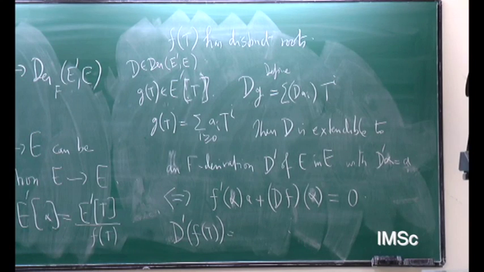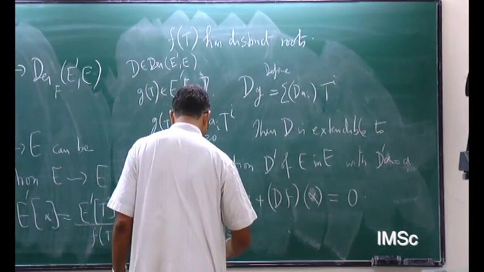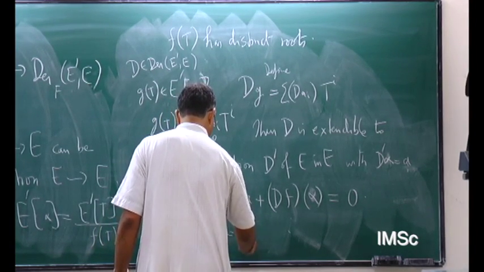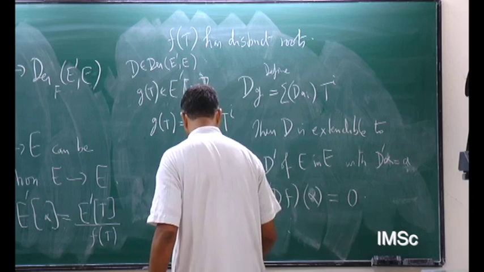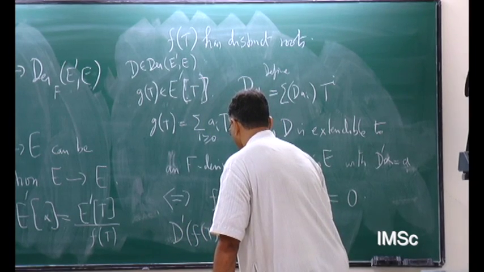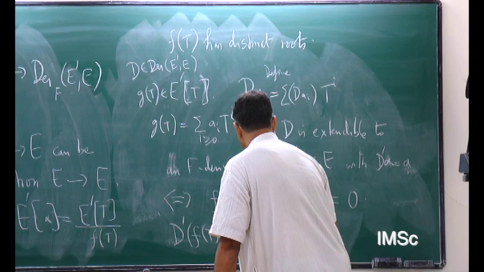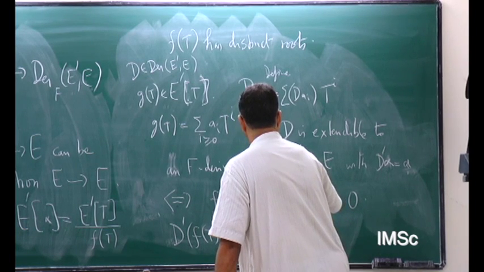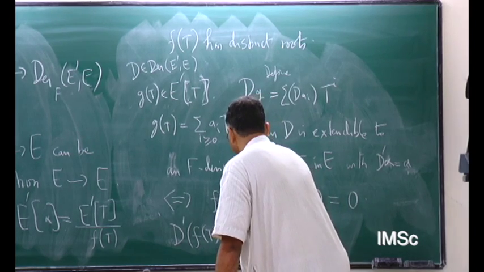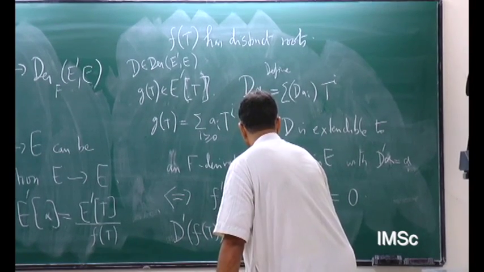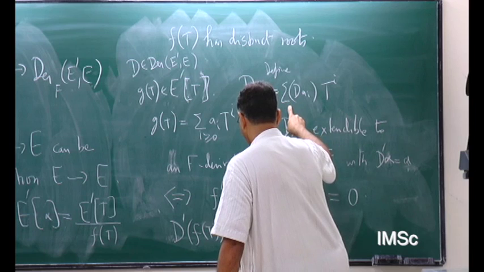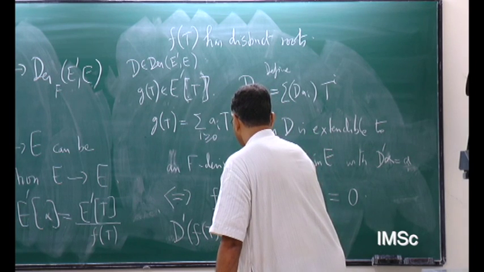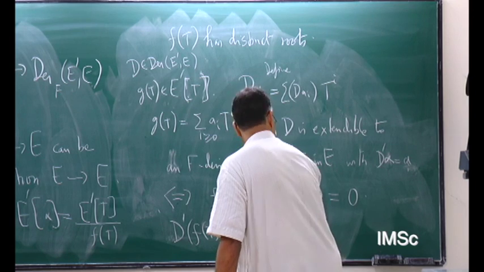Right. So if I think of this, I evaluate at alpha, and this. Okay. So I see this now.